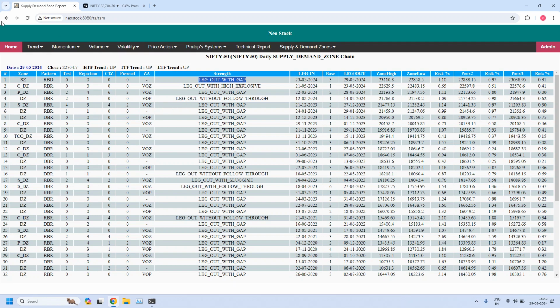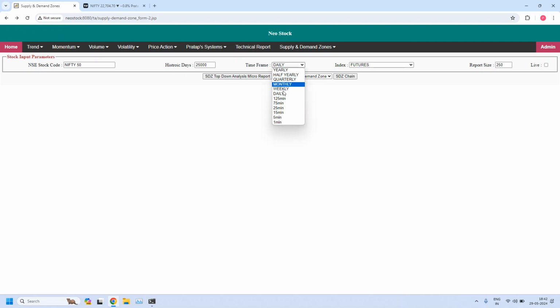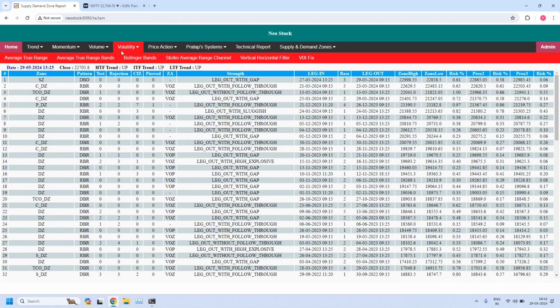Now let's move on to the 75 minutes. Before that, we move on to 125. Let us check if any high liquidity zones are created. It is taking time, but meanwhile, okay, fine.